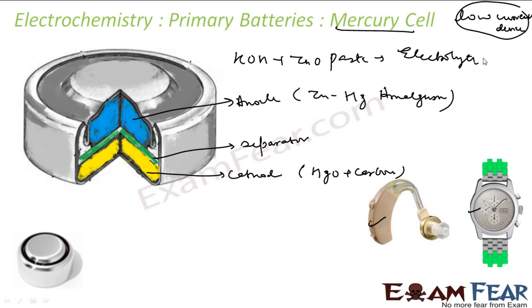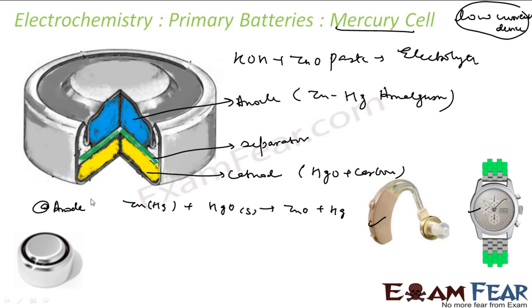Correct. So if you see the reaction at the anode, I have zinc and mercury amalgam. There's something wrong here. See, at the anode, what will happen?